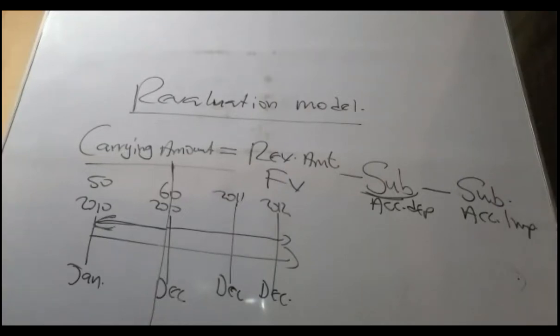An accountant is not a quantity surveyor and cannot determine the value of a building or vehicle. An accountant is not an engineer. So you have to employ the service of a qualified professional valuer to perform the valuation.